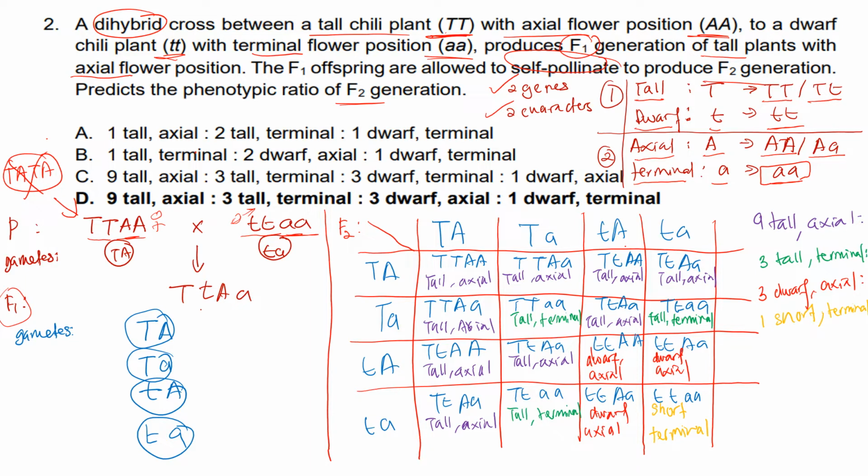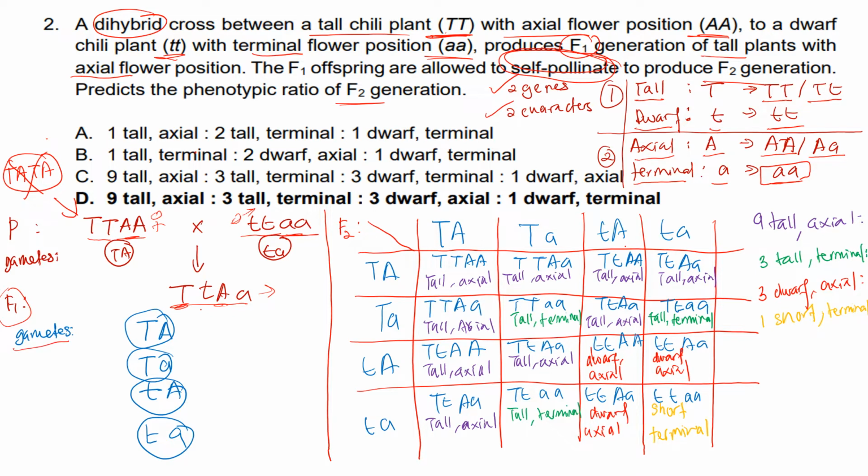So when the sperm fertilizes the egg, it gets the F1 generation. The F1 generation is in the heterozygous condition, and all of the F1 generation will have tall and axial flower position. This F1 generation, you allow it to undergo self-pollination. So now you have to determine the possible combinations of alleles in the F1 gametes.